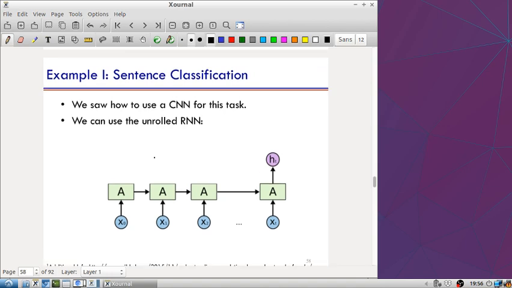The first example is sentence classification, which we have actually seen. Remember we even went through a convolutional neural network model for sentence classification, where we organized the sentence as a matrix and each row of the matrix was a word vector representation. It could be the vanilla one-hot encoding word representation, or an embedded word representation.